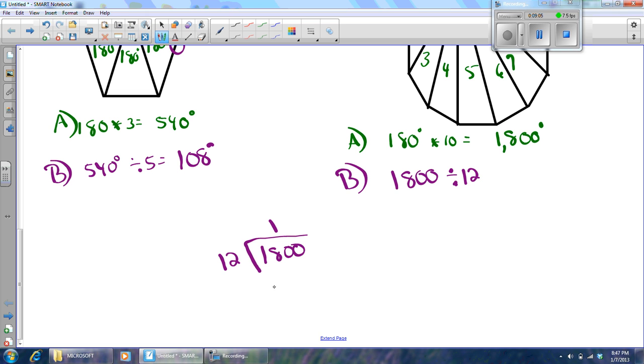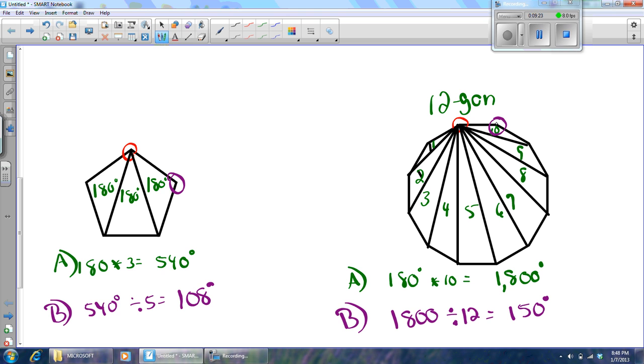It's going to go in there once, 12. And that's going to be 60. 60, 0, 0. It's going to be 150 degrees. So that's a 150-degree angle. That's a pretty big angle if you think about it.